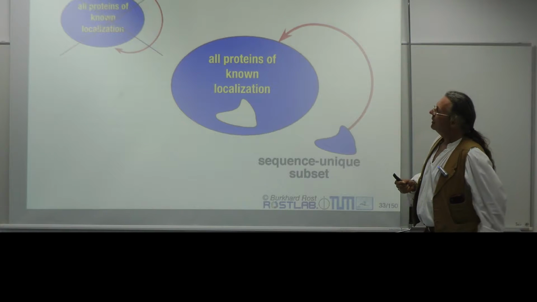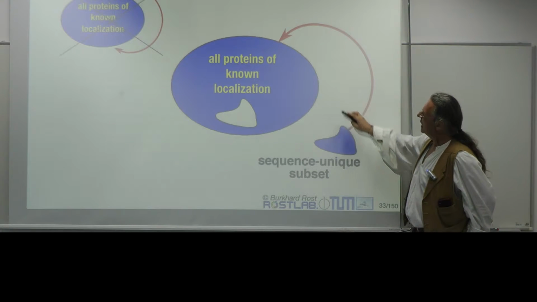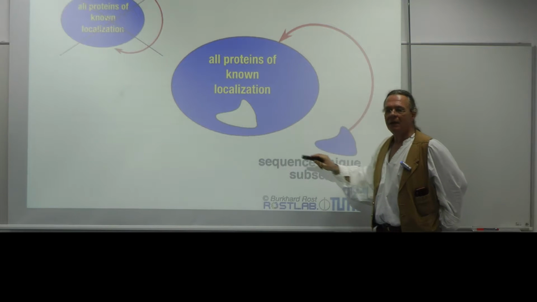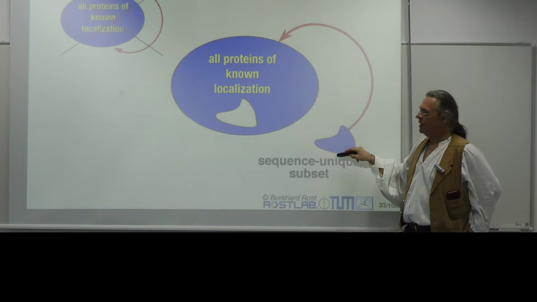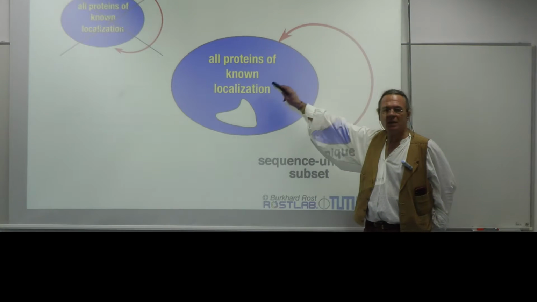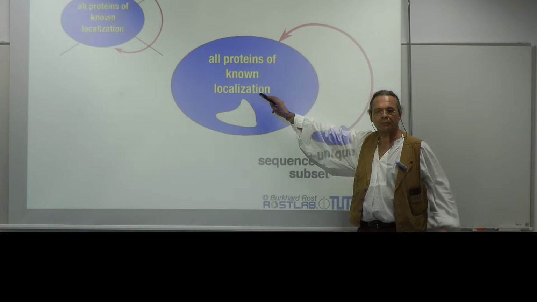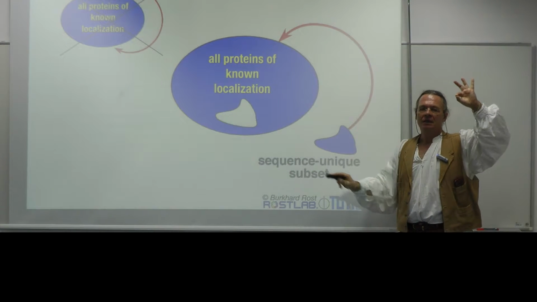So now I'm going to do this one against that one. Why am I not doing this one against itself? So that's the least redundant. Let's explain again how we do that. We take the 20,000 from Swissprot, we pick the first one on the list.